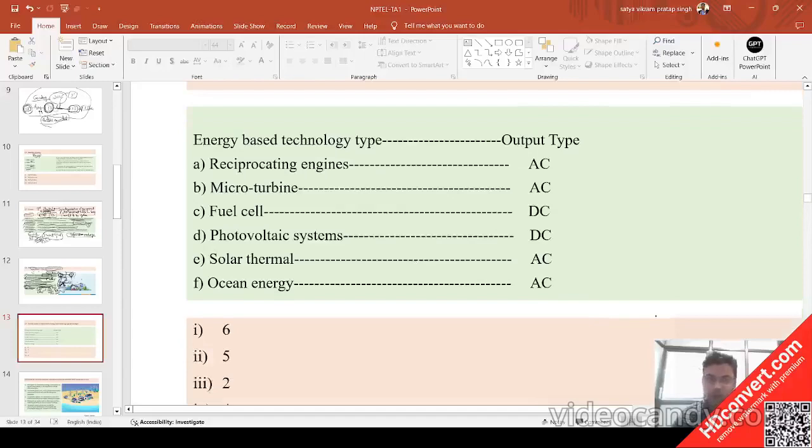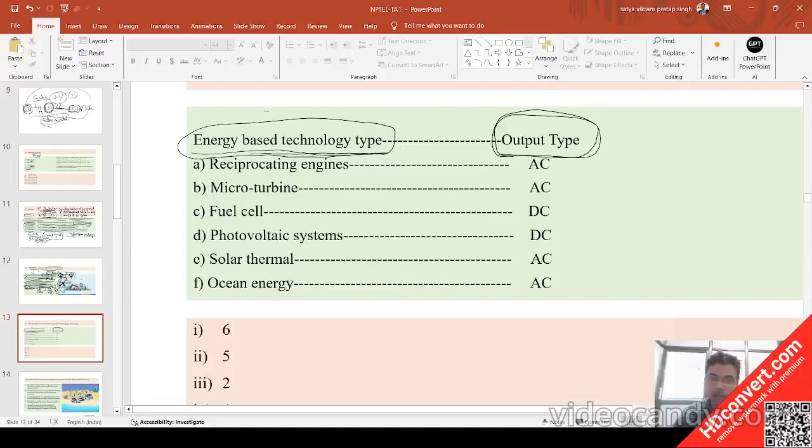So this is a question, and I have zoomed it. On the left side, you have the energy based technology type, and on the right side you have the output type. What do I mean by the output type? It means what kind of energy generation can happen from this energy based technology type.